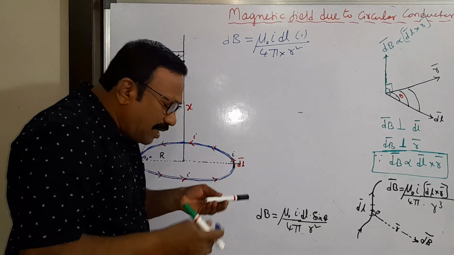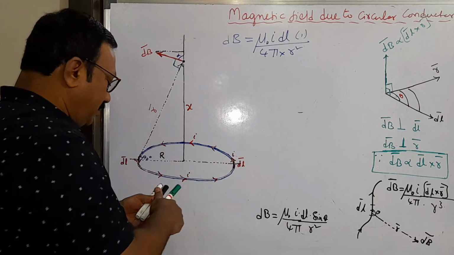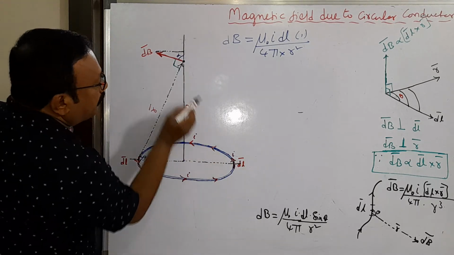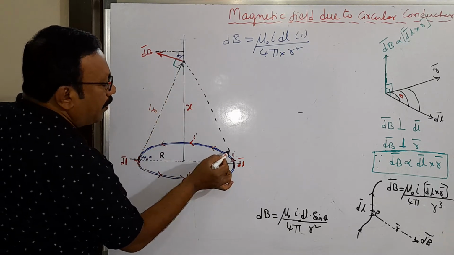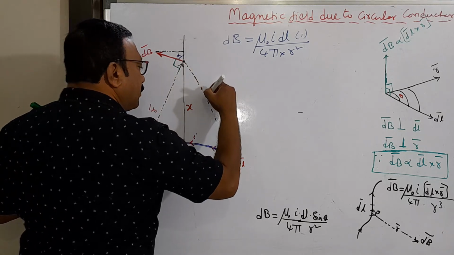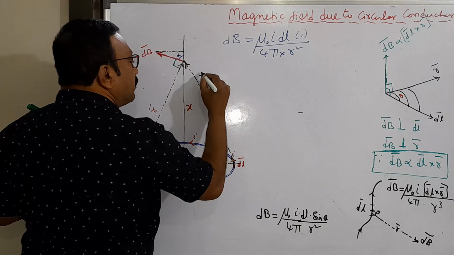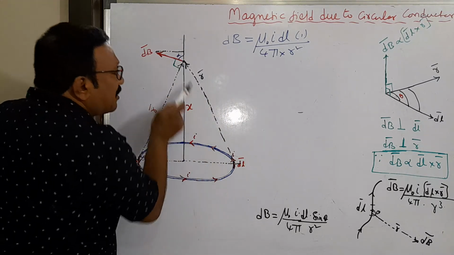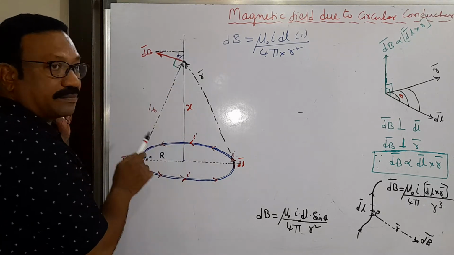So this dl bar is inward and r bar is here, right? Small r, I am talking small r here. This is small r bar, because at a distance small r only I want magnetic field due to this current element.